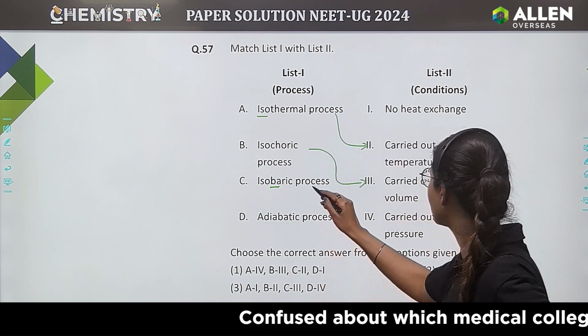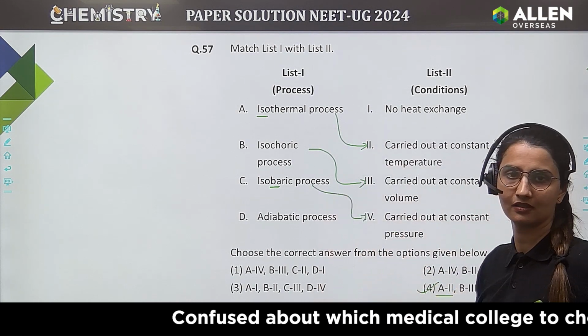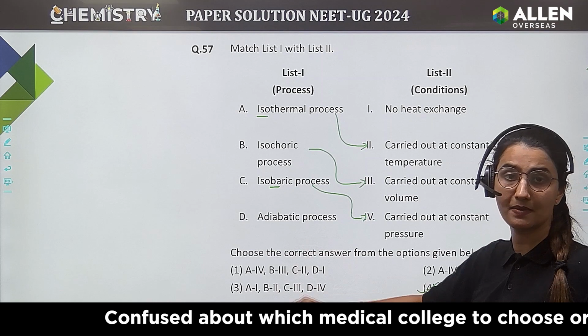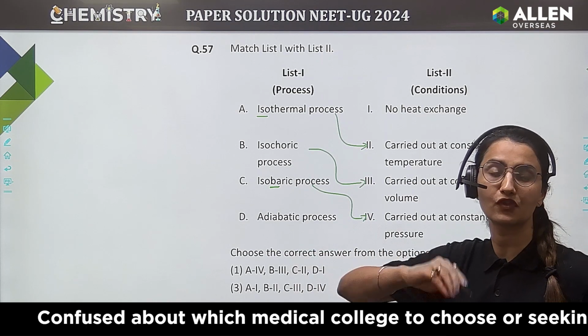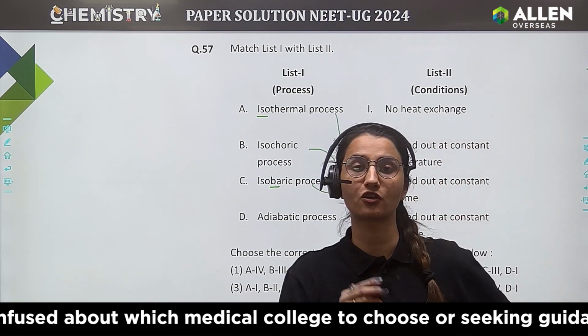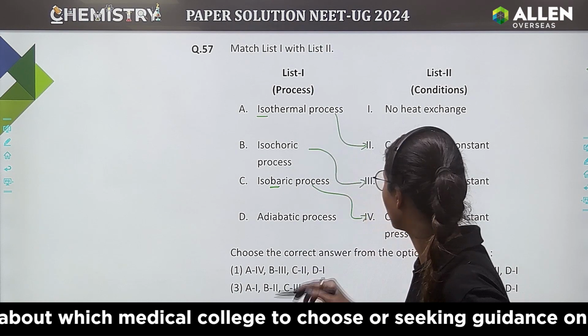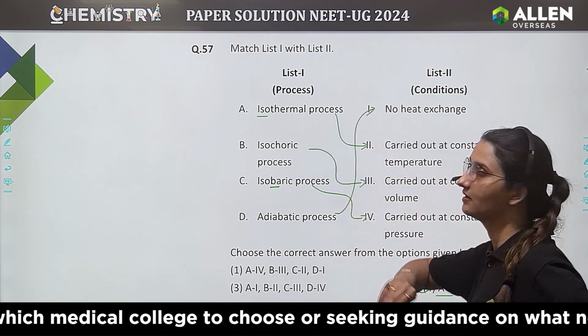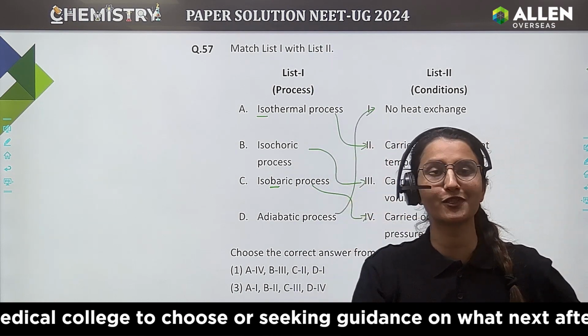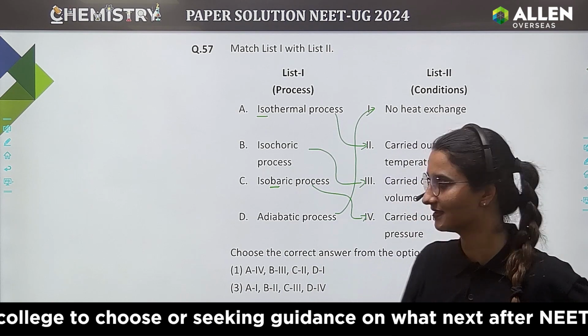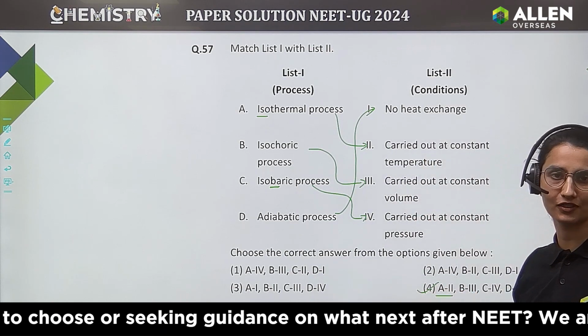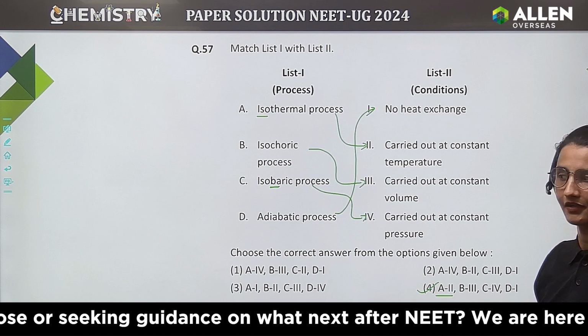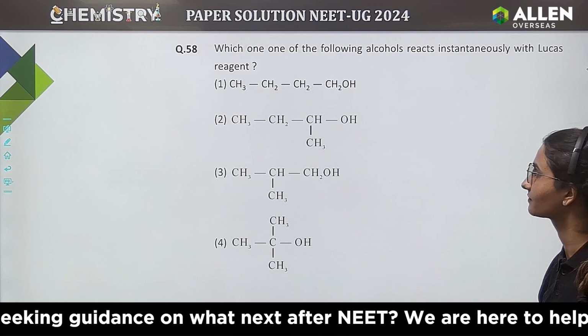So isobaric means constant pressure. And what is adiabatic? In which there is no exchange of heat. So it is carried out in such a way that there is no heat exchange. Correct? We already got our answer. Right, students. Okay.